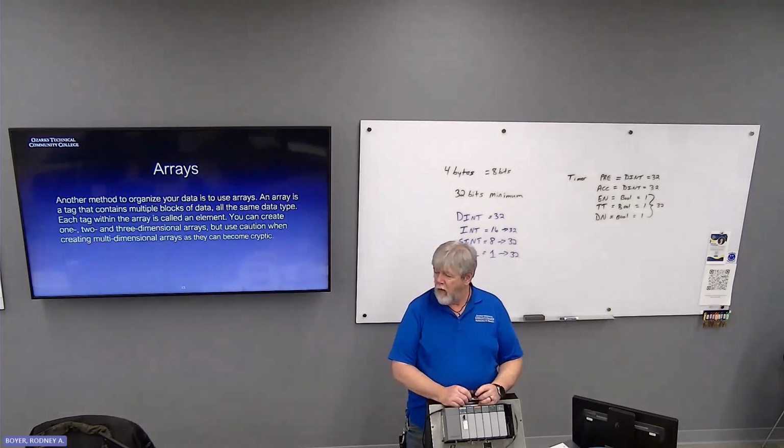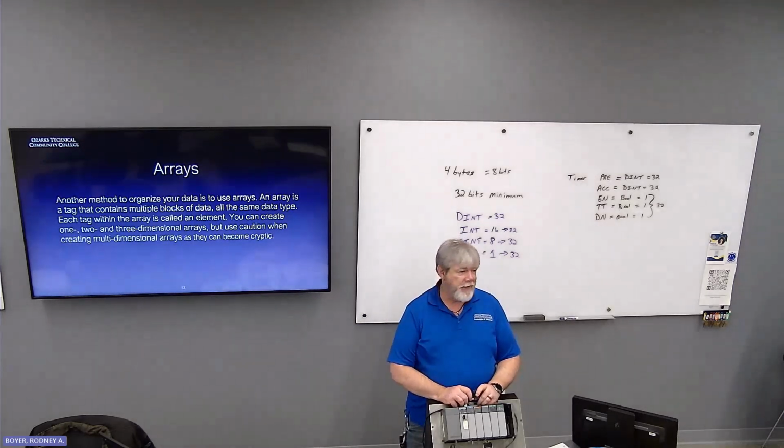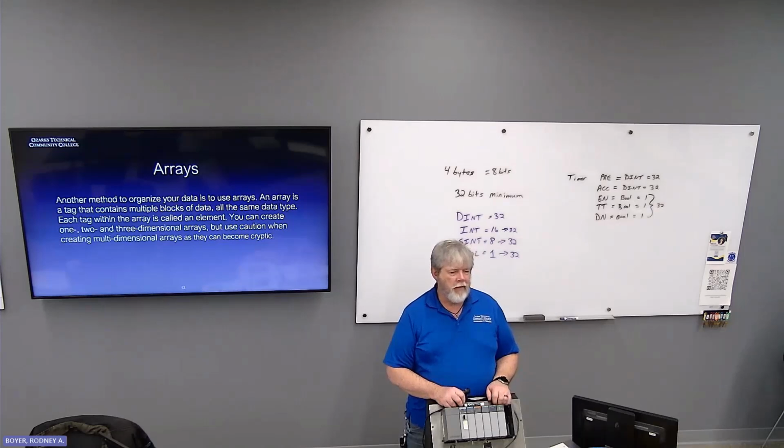So another method to organize your data is to use arrays. Arrays are used in specific circumstances. The most common one that you will see out in the real world is if you need to control very specific set points for speed on a VFD.